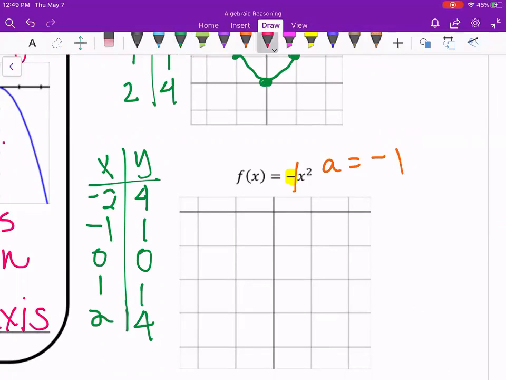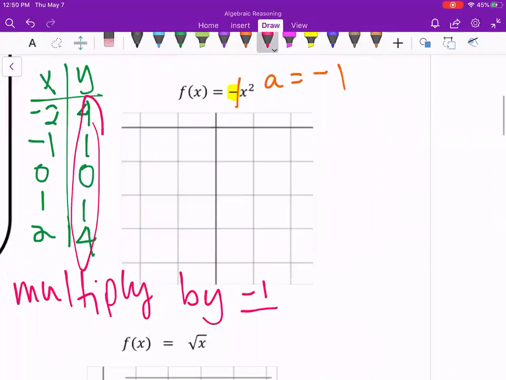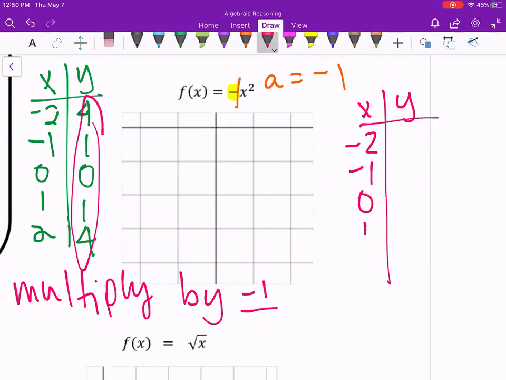And we're going to take each of these and, like we did before, multiply by a -1, because again, that's our A value. So when we make our new table, those x values are going to stay the same. So -2, -1, 0, 1, 2.